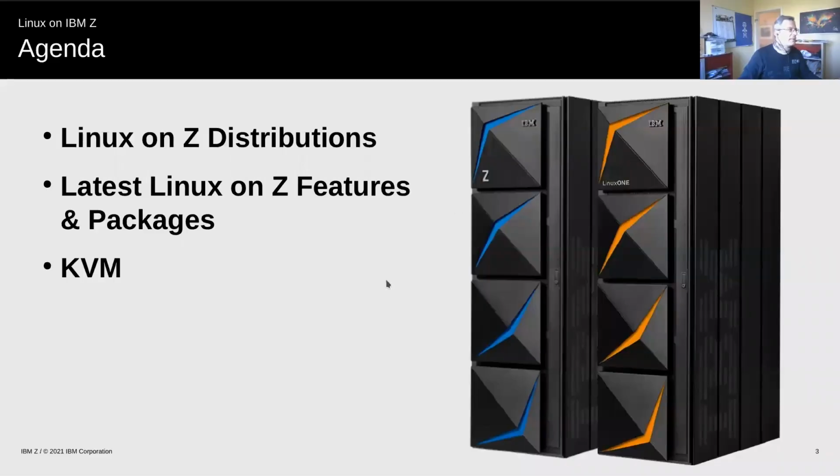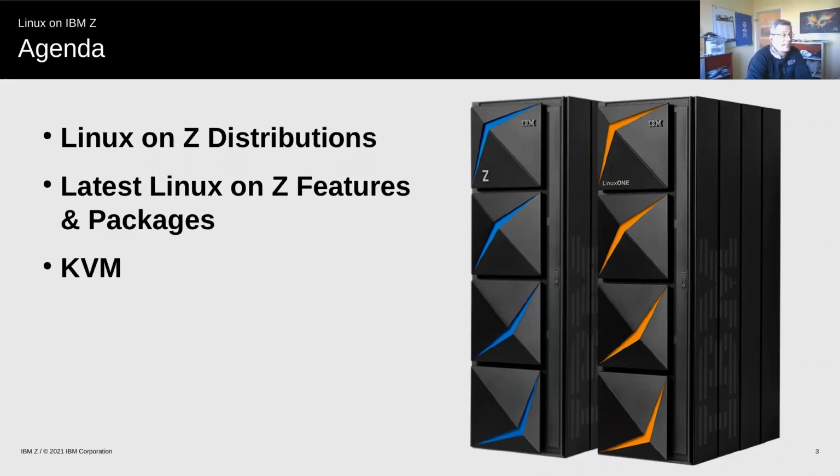What's our agenda for today? Well, we have three major segments here. One is about the Linux on Z distributions. This is going to tell you how to get Linux on IBM Z in the first place, what the ins and outs are about the different distributions, what your options are here, and also support timeframes. More on that in a minute.